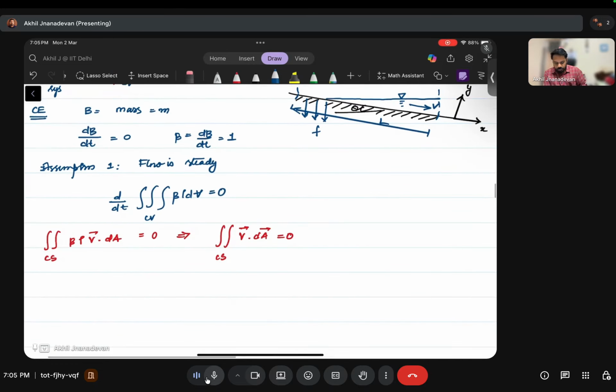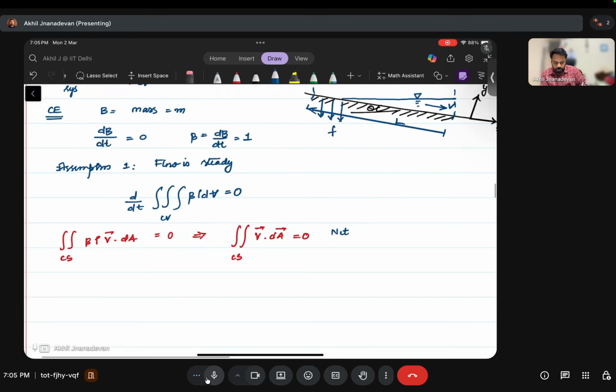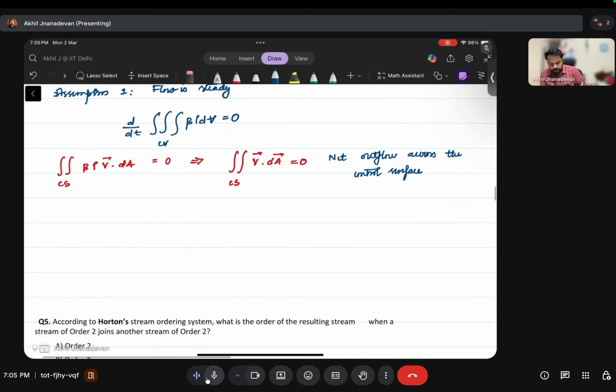So this term is nothing but, in words, we can say the net outflow across the control surface. That is outflow minus inflow, right?